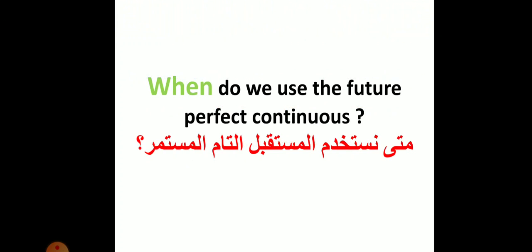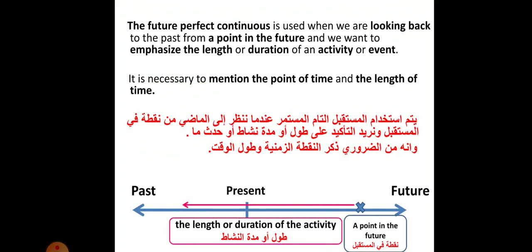So when do we use the future perfect continuous? As we have seen before, it is used when we are looking back to the past from a point in the future and we want to emphasize the length or duration of an activity or event.